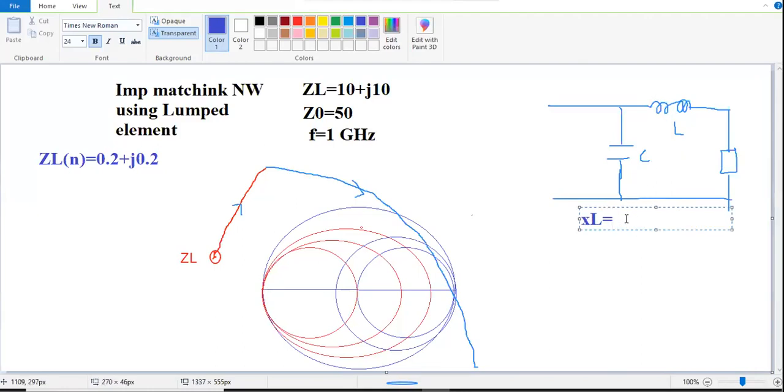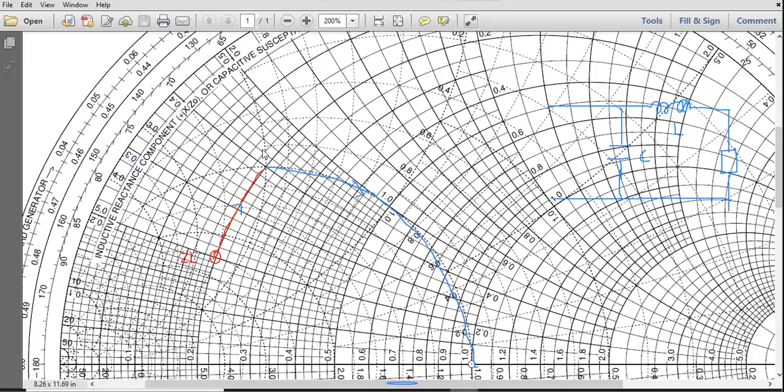So you will get the reactance, and you have to find it out. How? From here. This point is 0.2. On this 1 plus JB circle, you have to check which point this is. You just go here. It is 0.4. Or here also you can see the thick line. This is 0.2, 0.3 thick line, and this is 0.4. So you are going from 0.2 to 0.4.